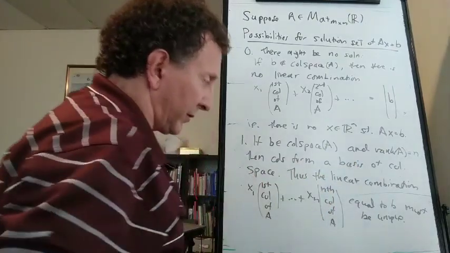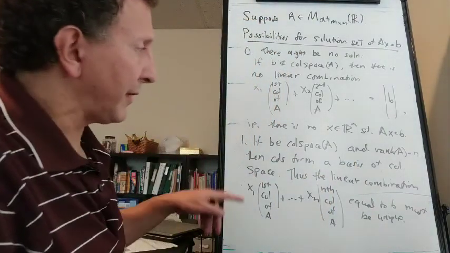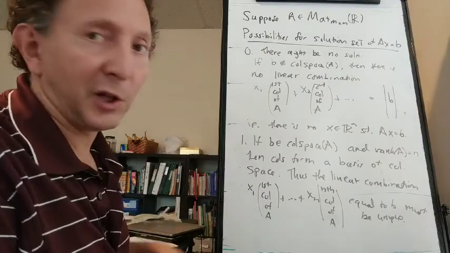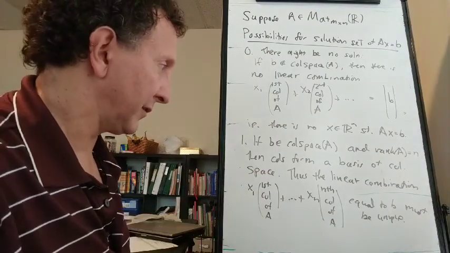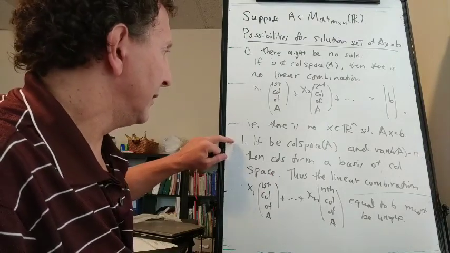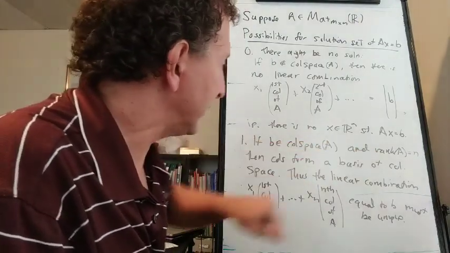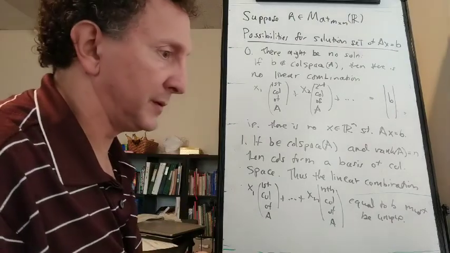Because that's how a basis works. If you can express one vector as a linear combination of basis elements, then that's the only linear combination of the basis elements that gives you the vector you're interested in. So if the rank of A is n, then we have a unique solution.